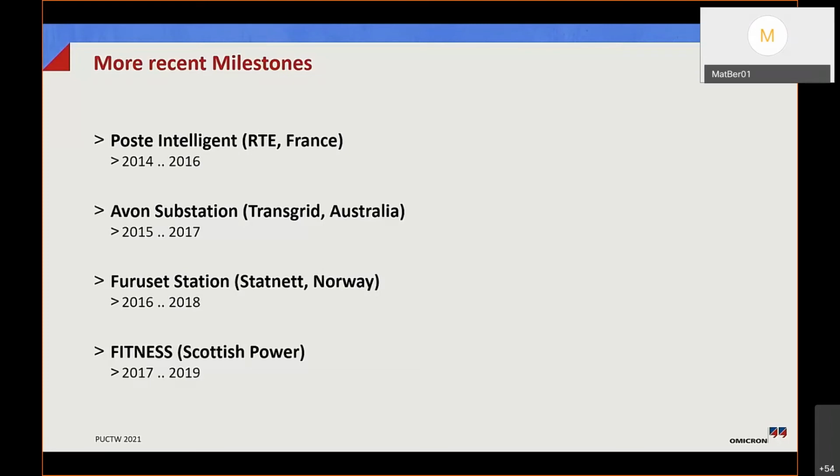Priyanka Mohapatra, who will make the last presentation this afternoon, was the project manager of this FITNESS project. She went along with us in this project very tightly, and many of the experiences she made are what she will now present to you later on.